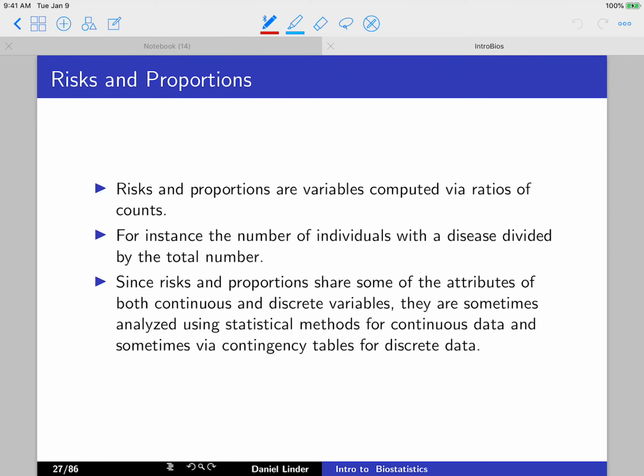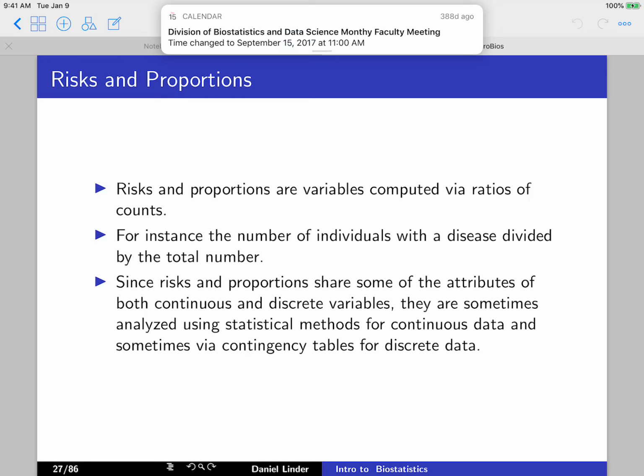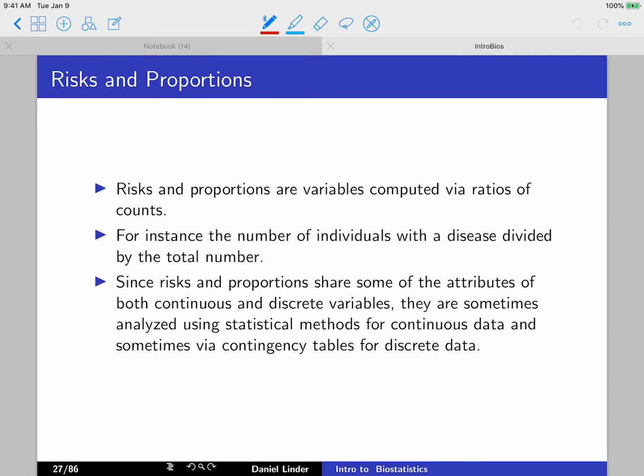So risks and proportions are variables computed via ratios of counts. For instance, the number of individuals with a disease divided by the total number of individuals. So that would be a ratio of counts.